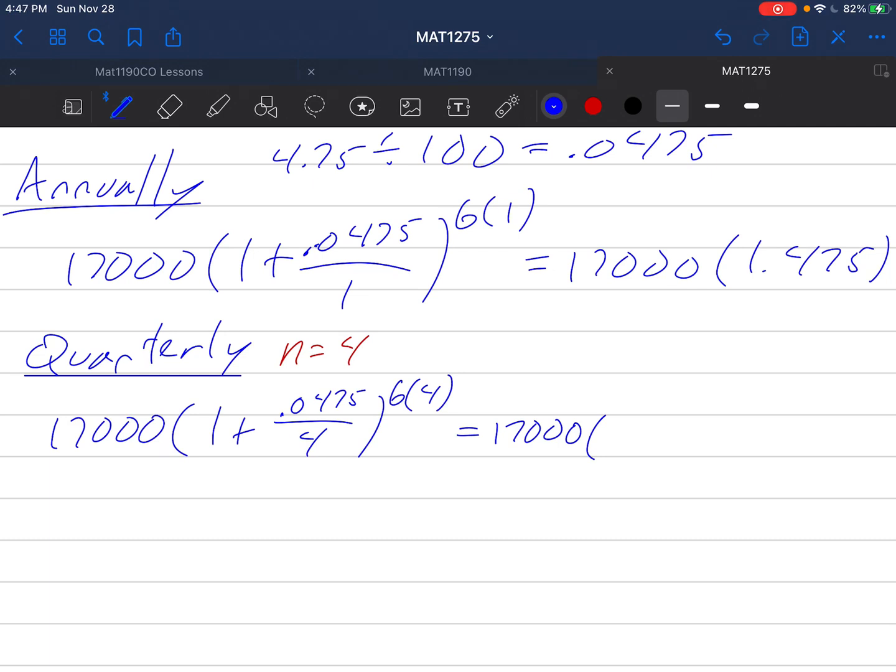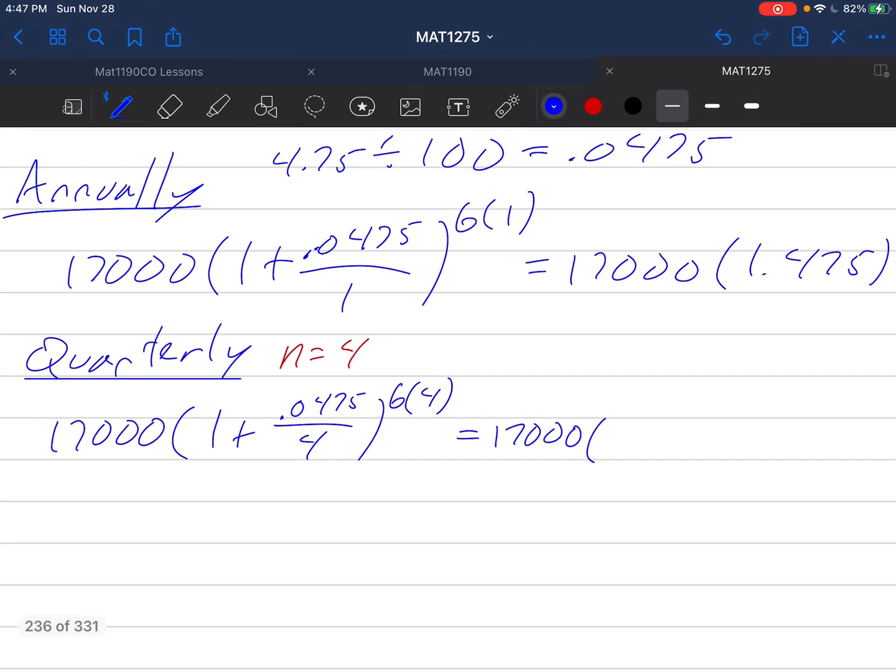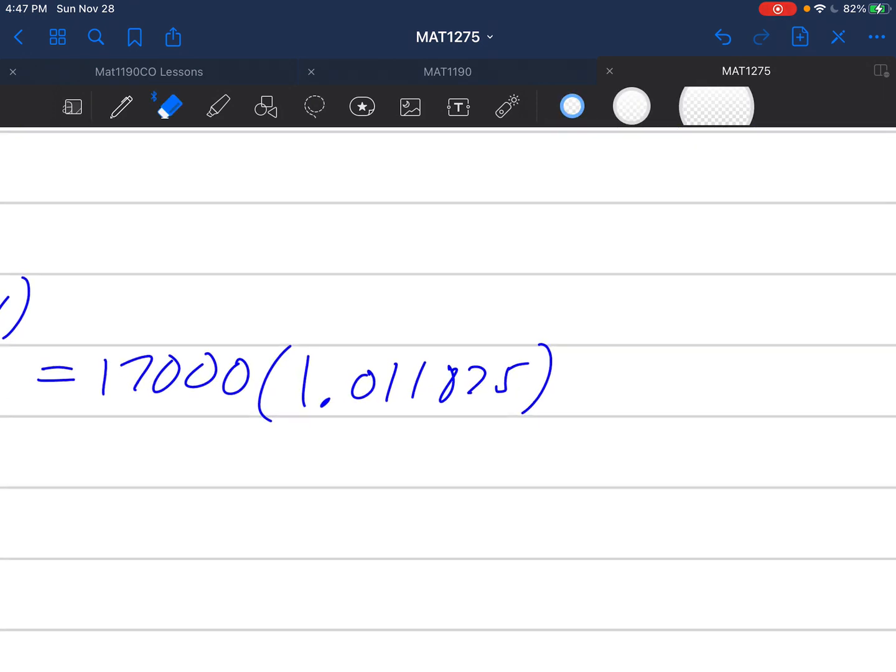0.0475 divided by 4 is equivalent to 1.011875, right? So I divided this and then added it to 1 to get this number over here. That in the middle is an 8.